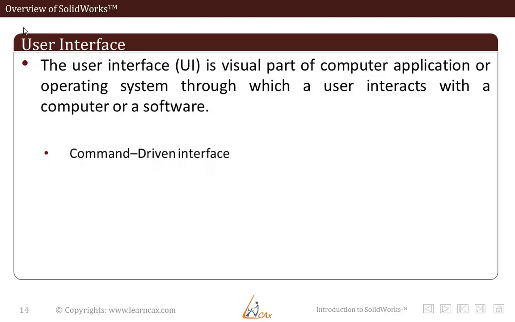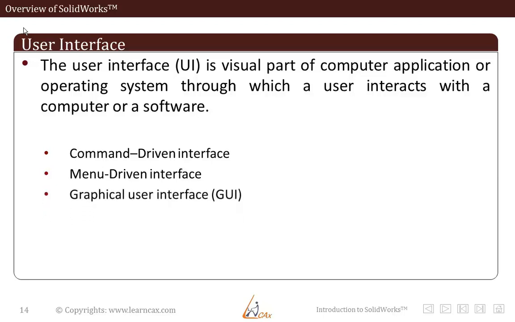A command-driven interface is one in which you enter commands. A menu-driven interface is one in which you select command choices from various menus displayed on the screen. GUI, that is graphical user interface, is one in which the user gives commands by selecting and clicking on icons displayed on the screen.